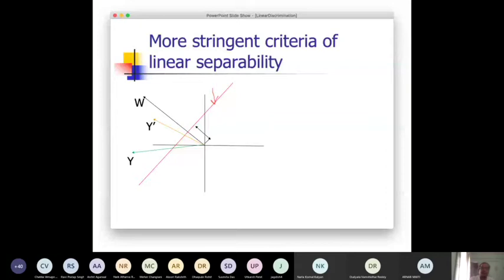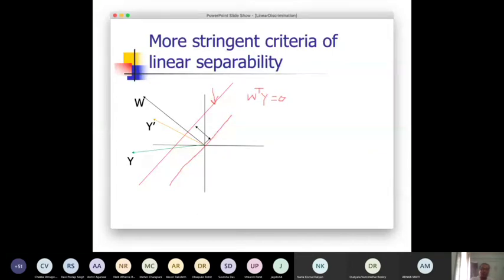Here, as I was showing you, the straight line represents the hyperplane, and this hyperplane is written in an input space where the input feature vector is represented by y. So W transpose y equal to 0 means the hyperplane passes through the origin, and one half of this hyperplane would be the positive half.